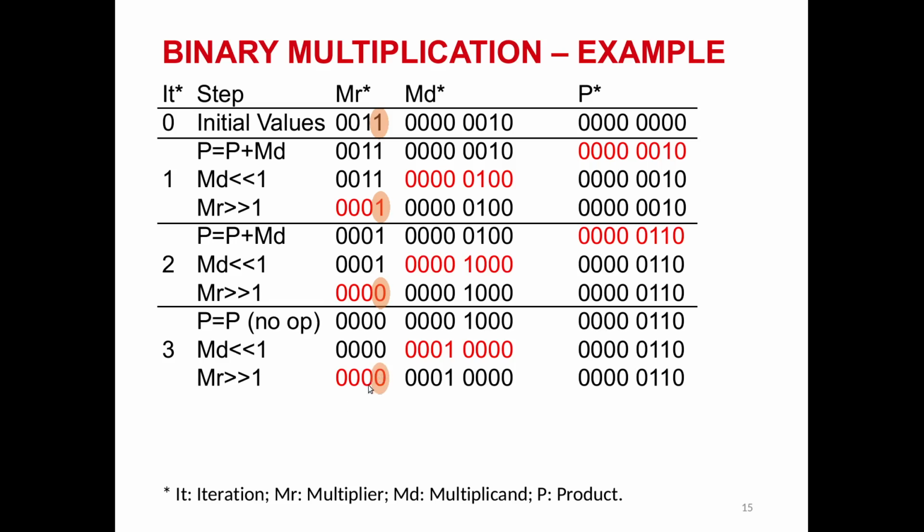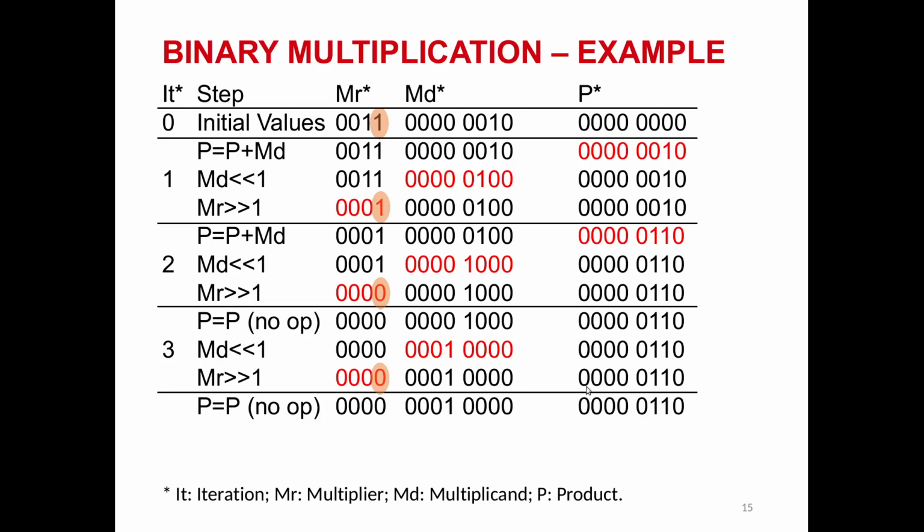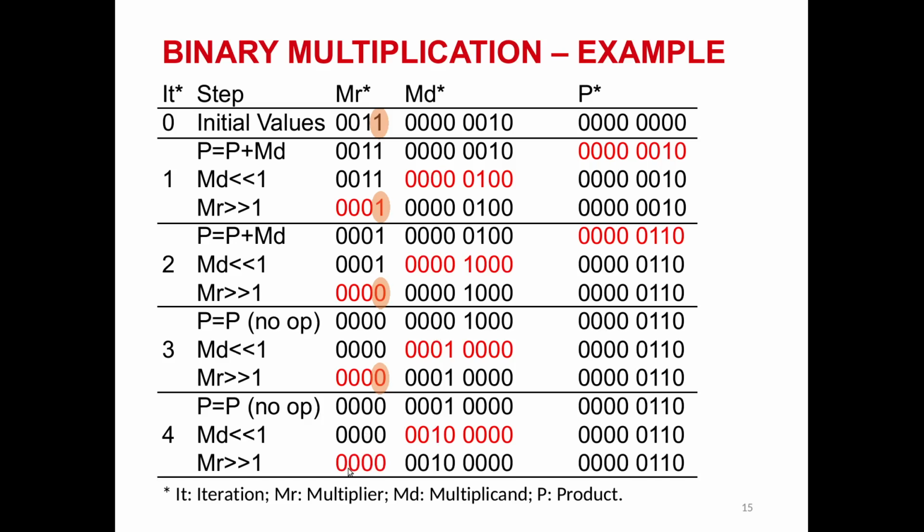And again we know that the value of bit 0 for multiplier is 0, and so we will make no change to the value of product, and so the product keeps the same value, that is number 6 in decimal. And of course in this step 4, we will need to shift multiplicand one bit further to the left, and shift multiplier one bit further to the right.